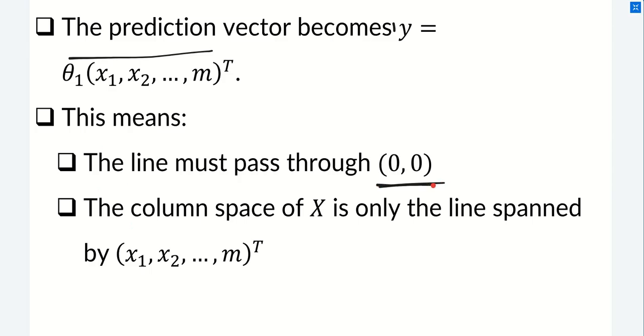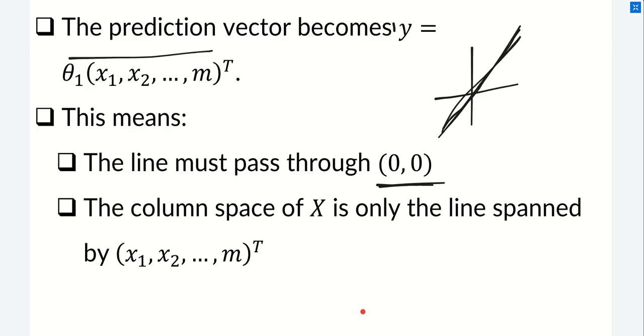Now, if it makes the line pass through the origin, it's going to be something like this, right? So it will be difficult for us to move up and down. We can only slide over here. But in real life, because we are not dealing with perfect data, we have noise, we have a lot of things.